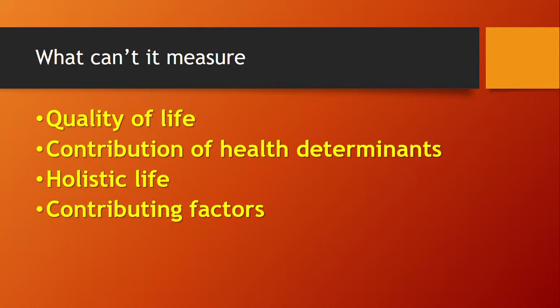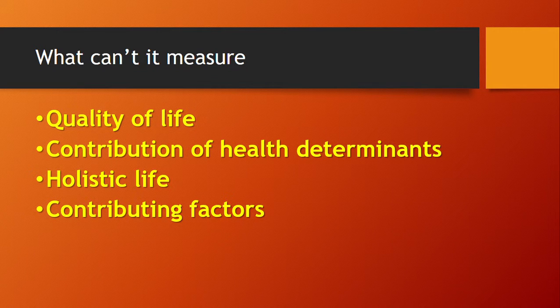It certainly can't track the contribution of health determinants. So social, cultural: if you die of cardiovascular disease, there's no opportunity to say my parents fed me really high fatty food when I was young, or my parents were smokers inside, so I had a lot of passive smoke, which contributed to my lung cancer.